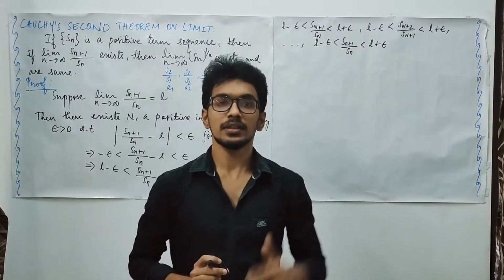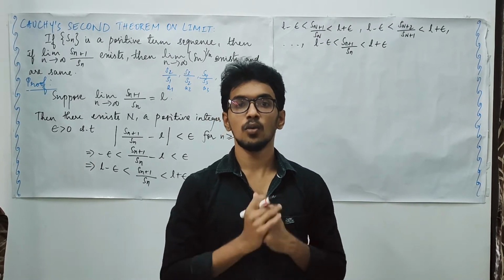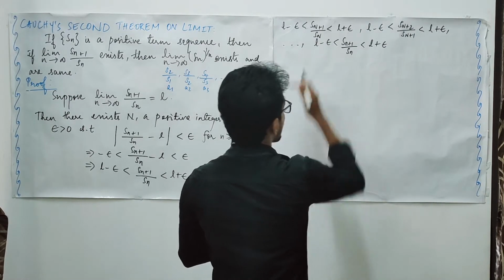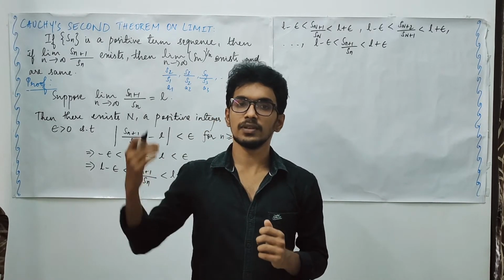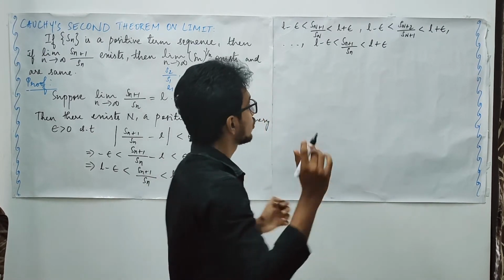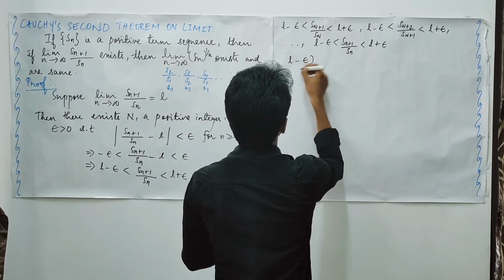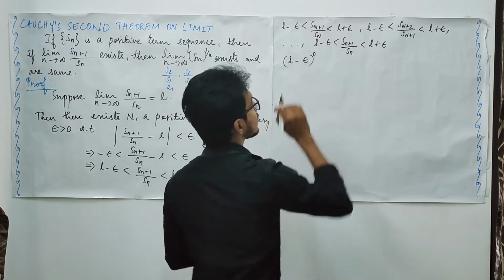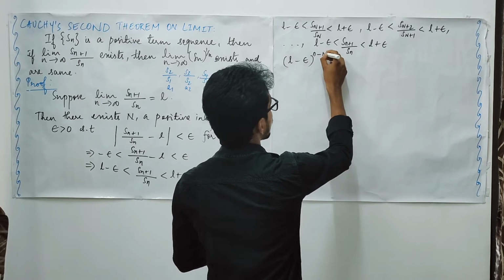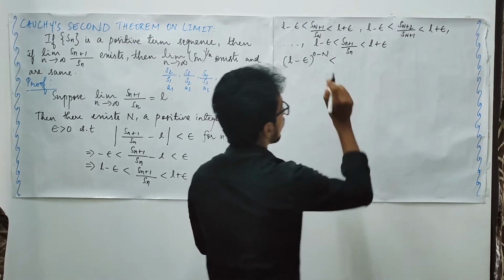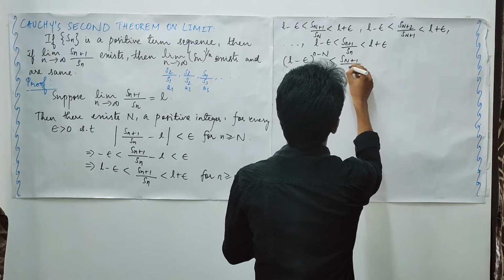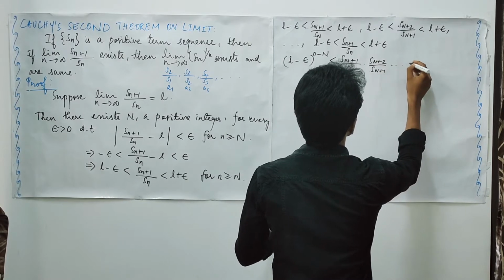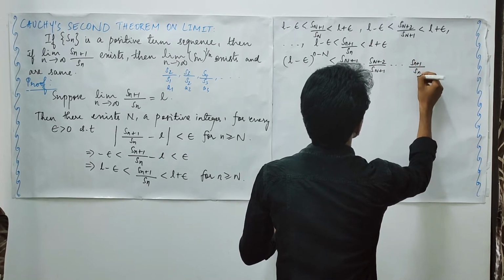Now we have certain inequalities. We are going to multiply all these inequalities. By multiplication, what do we mean? We multiply the left hand sides with left hand sides and right hand sides with right hand sides. So L minus epsilon, how many times is it going to be? It is n minus N. So (L minus epsilon) to the power n minus N is less than S_{N+1} upon S_N times S_{N+2} upon S_{N+1}, and it goes till S_{n+1} upon S_n.